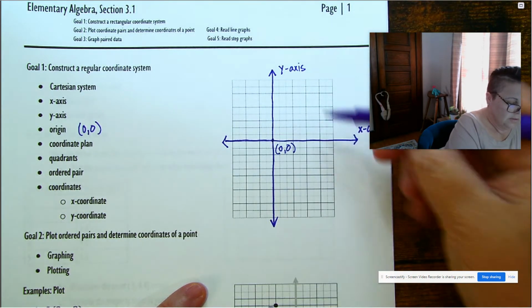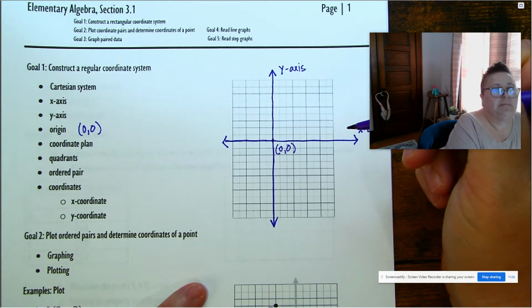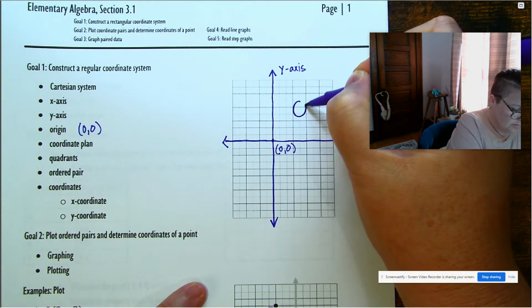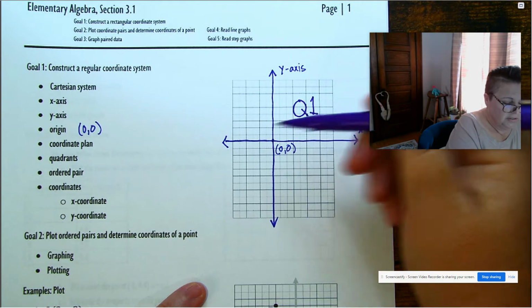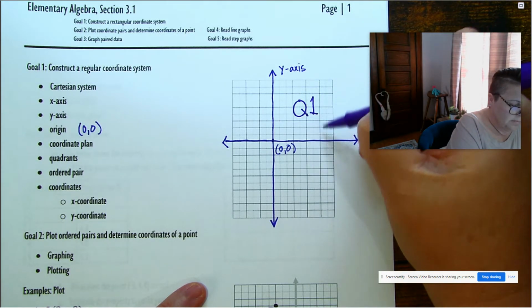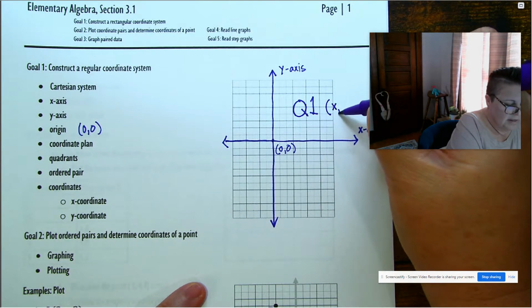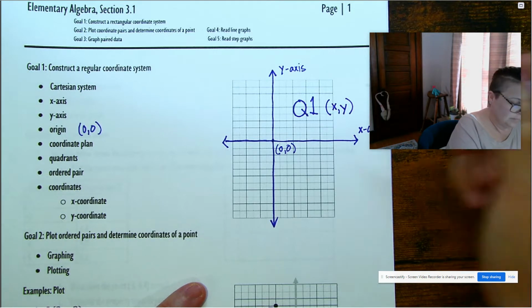The vertical and horizontal line split it into 4 quadrants. The quadrants may seem a bit odd because the top quadrant here is known as quadrant 1. This is actually the top right quadrant, and it is quadrant 1 because in this place, both the x coordinate and the y coordinate are positive numbers.